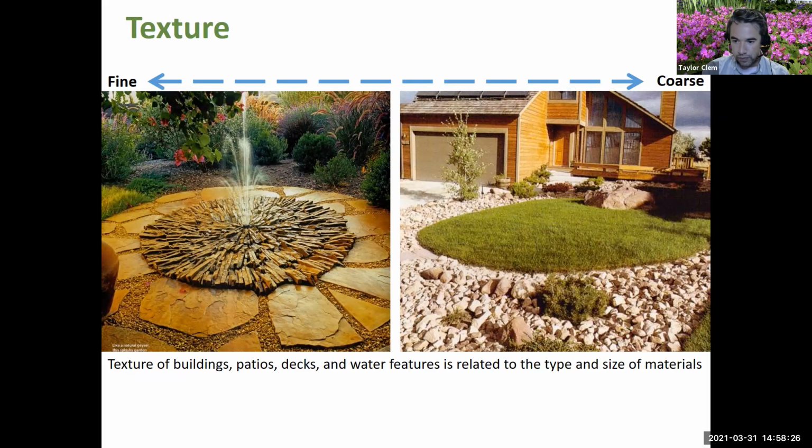That's just showing how textures can relate to one another. You could theoretically have one landscape where a plant is coarse texture, but in the next design, that same plant could be considered a fine texture. It really depends on the context and how it's being used among the other plants or material selections around it.